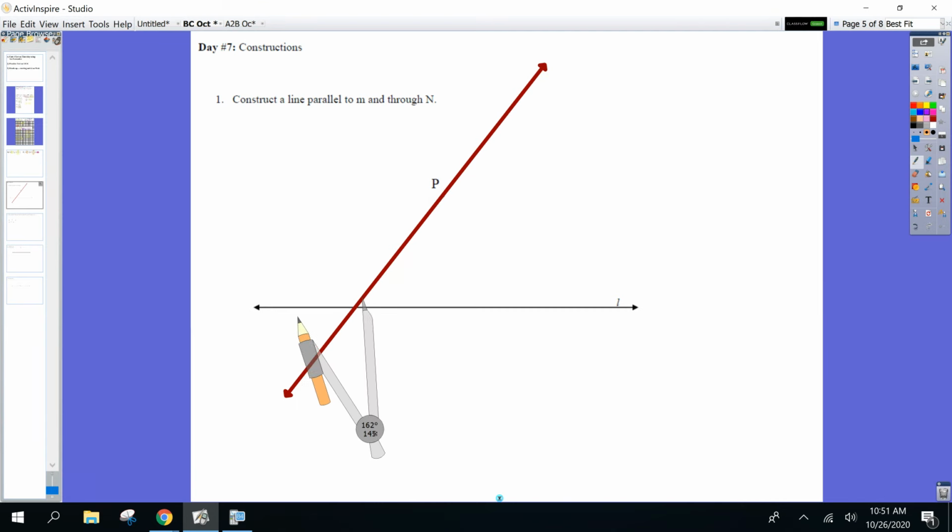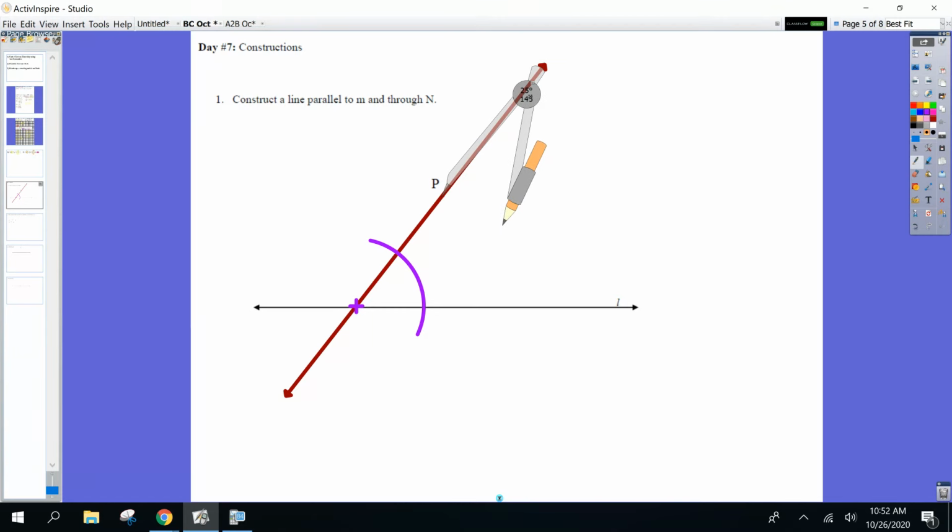First step, put the compass point on the vertex of the angle you're copying. And you want to make an arc that intersects 2 spots of that angle. Go up to point P. You have not opened or closed your compass yet.